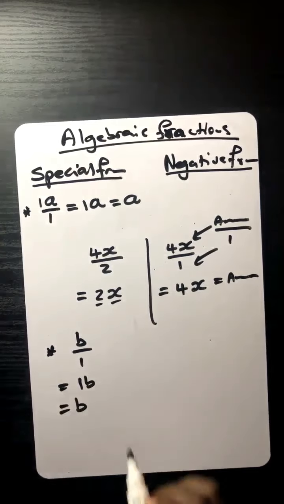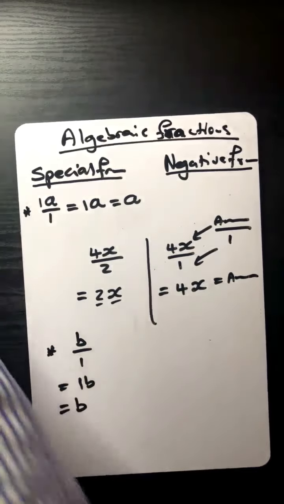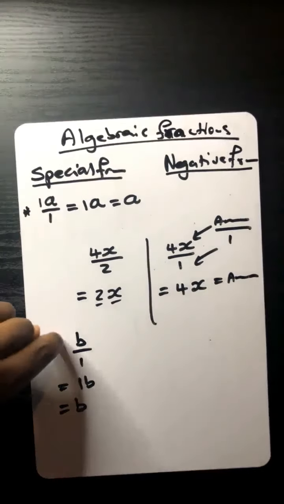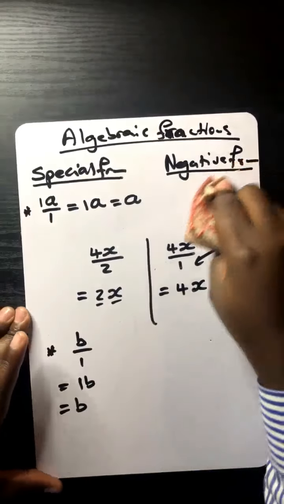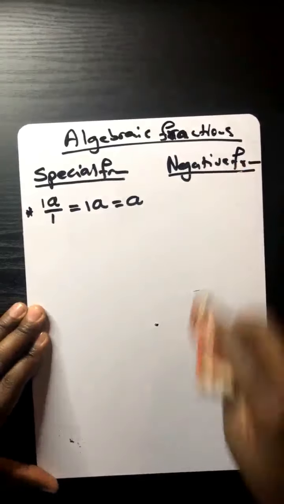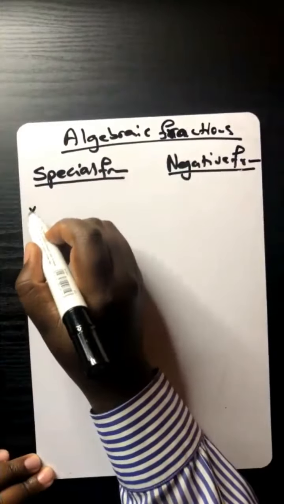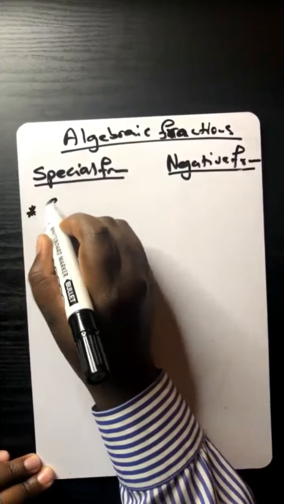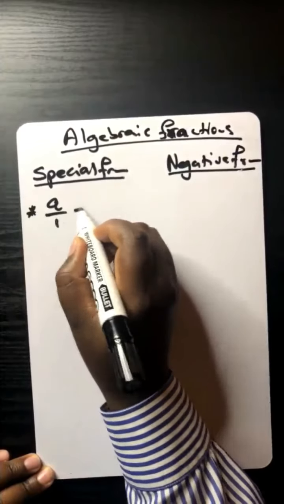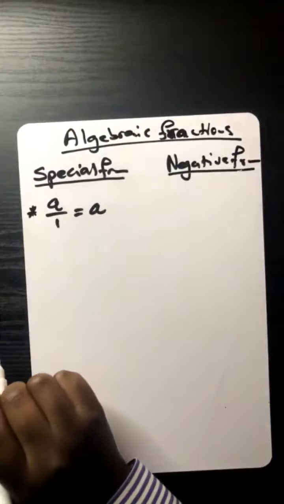So this is how you simplify that one. Remember, in this case, we are not solving anything. We are just simplifying. So this is the first thing that you need to be aware of, that a divided by 1 is equal to a.